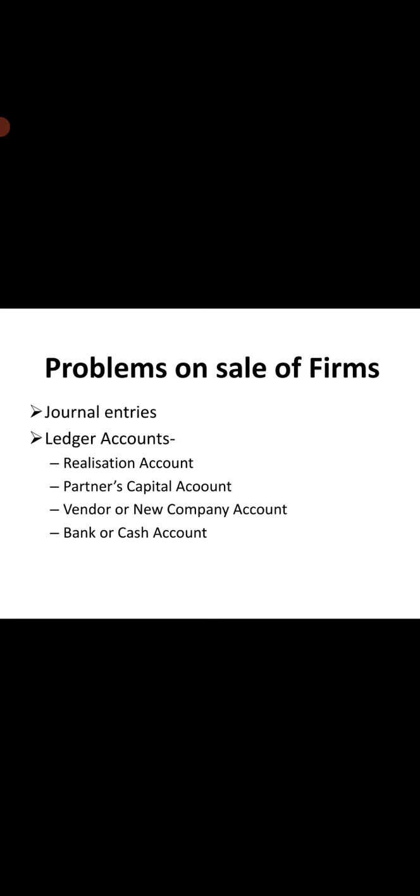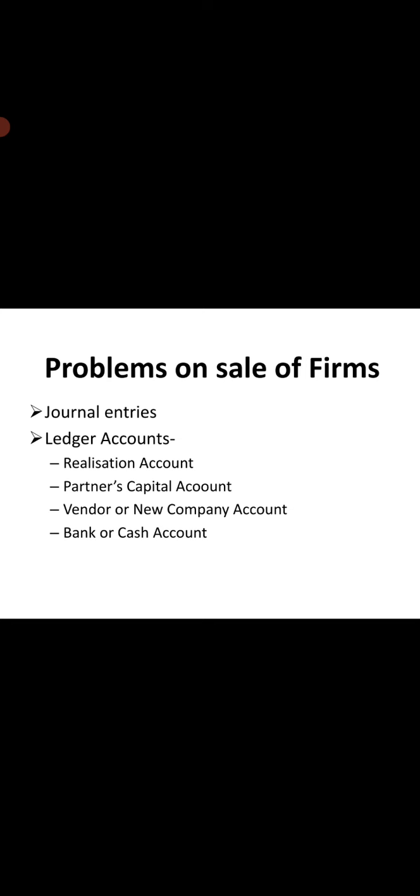As mentioned in the problem, the assets are taken over by the new company, except investments and cash, for 10% less. That means 10% depreciation has to be reduced. Therefore, the assets taken over: debtors 40,000 minus 4,000, 36,000; stock 37,000 minus 3,700, 33,300; plant 85,000 minus 8,500, 76,500.